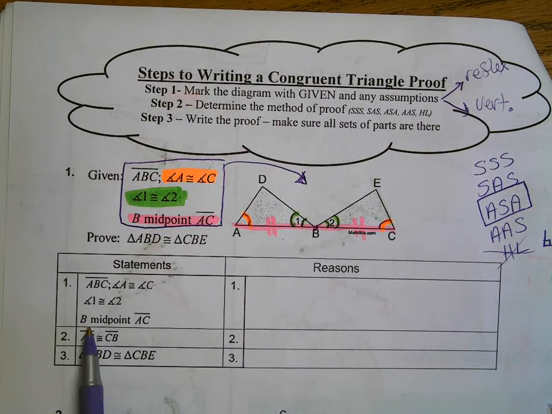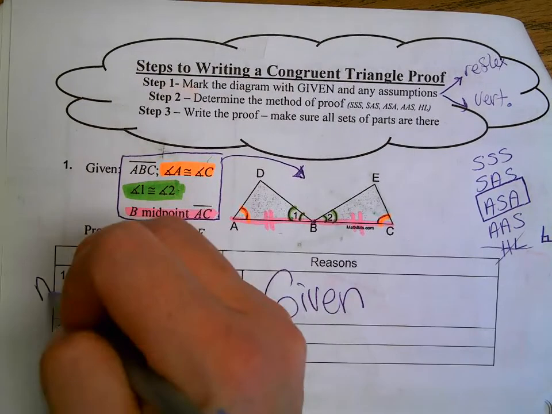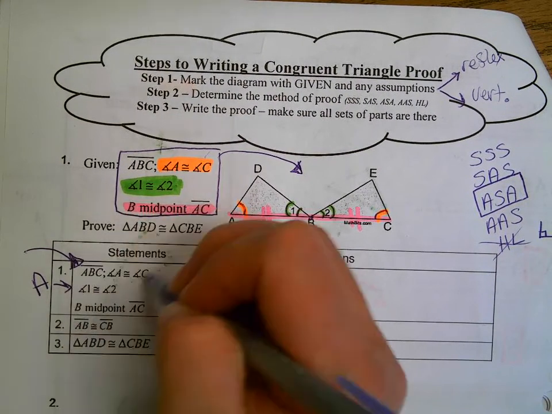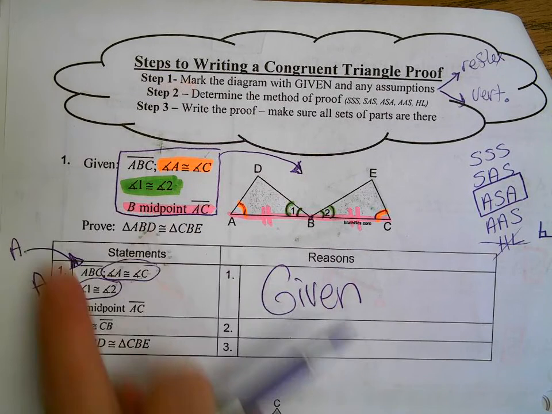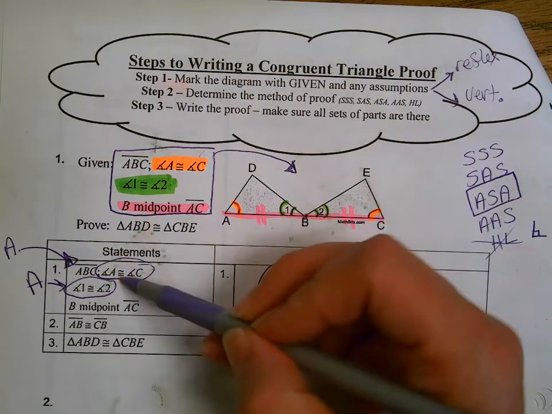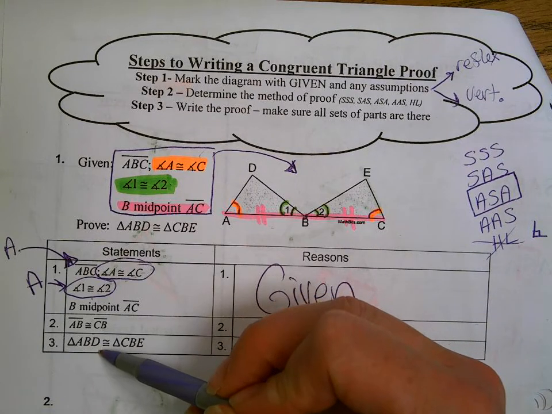So all of this information was our given. We have a set of angles. We have the other set of angles marked as congruent. That's like our little checklist. So this ASA means we need 3 congruence statements in our proof before we can get to our conclusion.